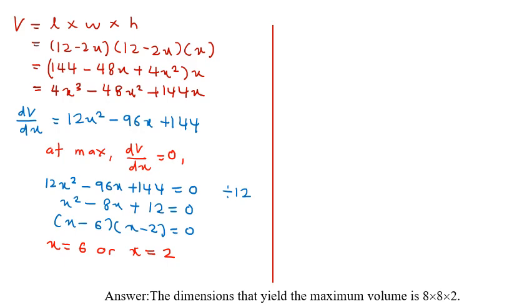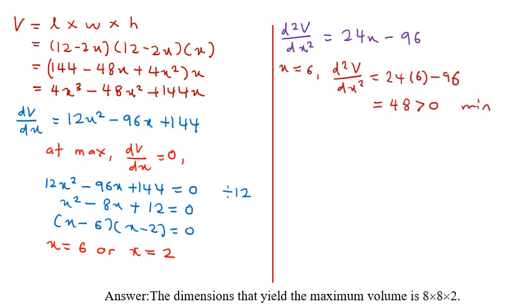In order to determine this, you have to find the second derivative. So this is the second derivative: 12 times 2, 24x minus 96. And then we substitute these two values into the second derivative.